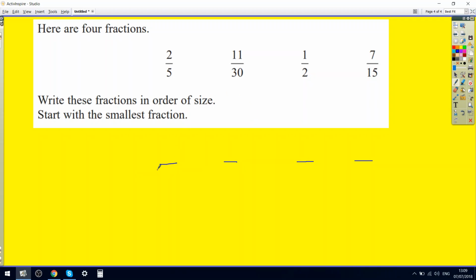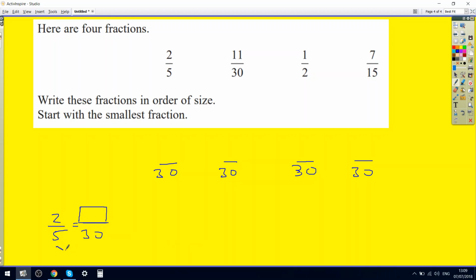So let's say 2 over 5. That is what over 30? 2/5 equals what over 30? 11 over 30.